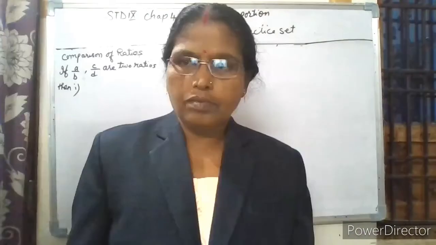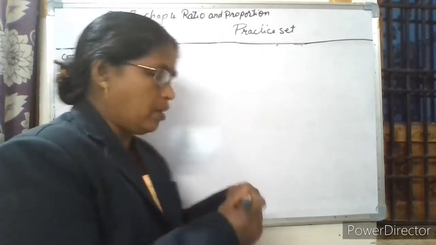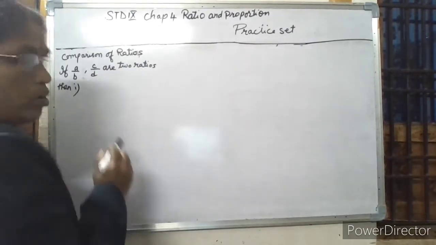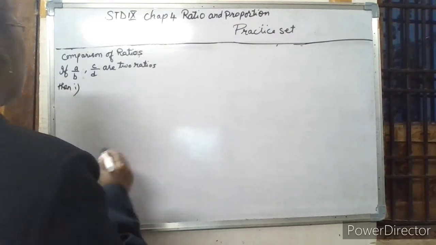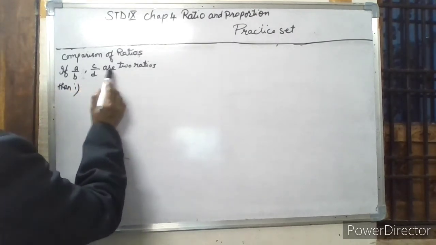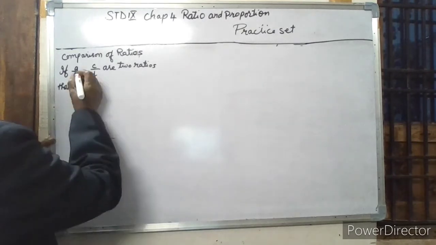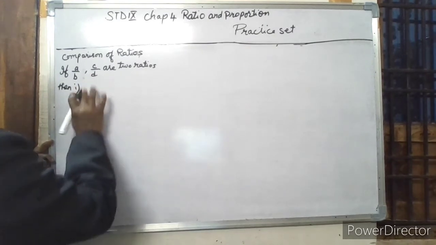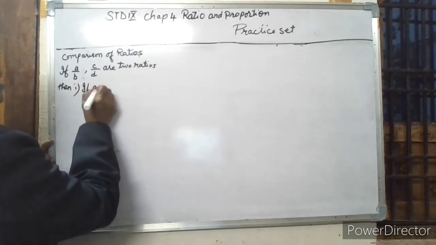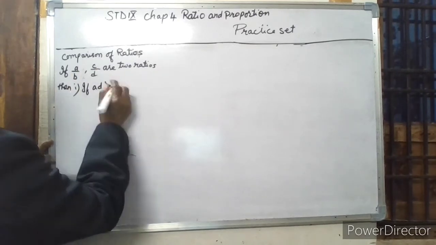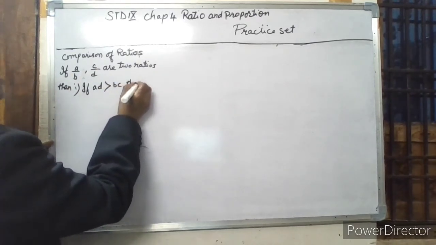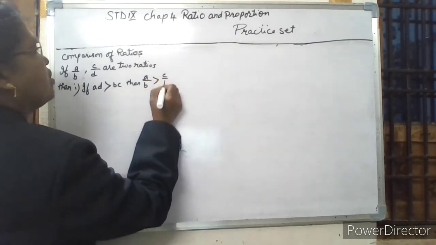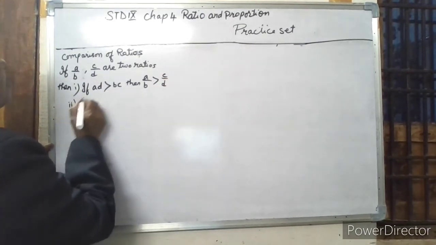Now let us go to the next topic, that is comparison of ratios. So how to compare ratios, the rules of comparing ratios. If A by B and C by D are two ratios, then the cross product AD: if AD is greater than BC, then A by B is greater than C by D. This is one comparison.